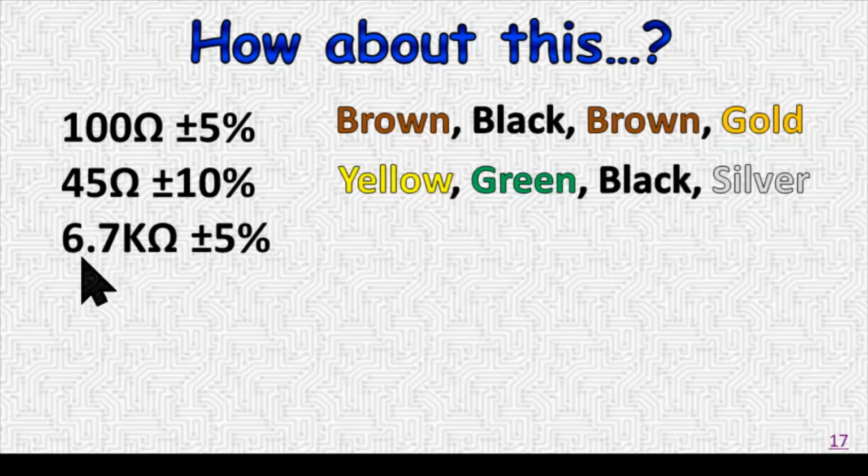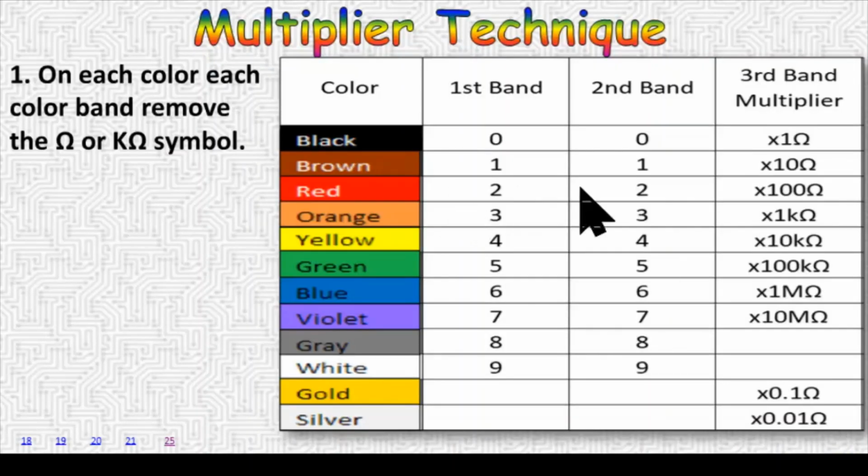So, ibig sabihin, more or less, magiging 6,700 ohms to. So, 6,7 na siya, ang kulang na lang ay dalawang 0. Kung ito ay blue, this is violet, plus 2,0, ano naman yung 2,0 doon? Tignan natin ulit ha. Ang 2,0 ay red. So, 6, blue, 7, violet, and then red. Plus dalawang 0 para maging 6,700 siya.